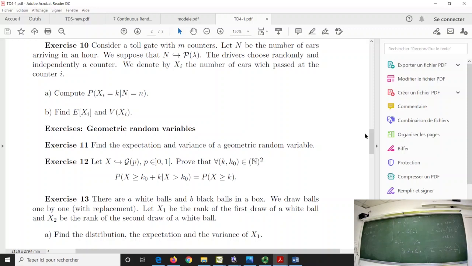So all these events here that are the possible values of capital N are a partition of the universe.